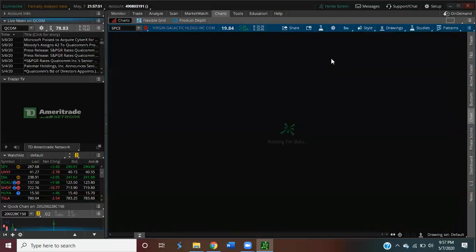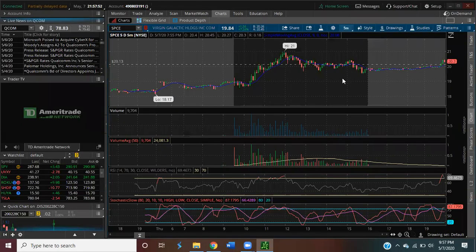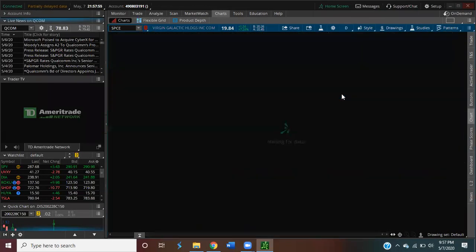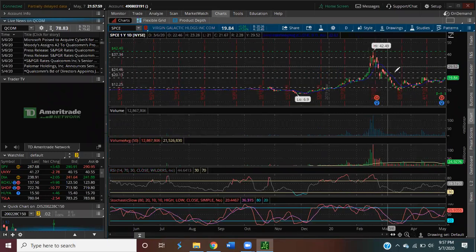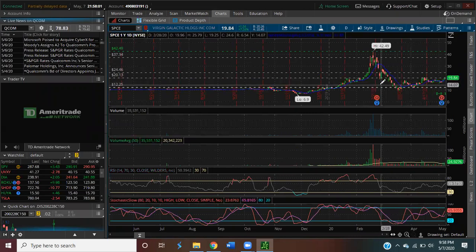So with those levels in mind, if I take a look at this 1-day 1-year chart, something I did notice with Space is that there is a triangle forming here. You can notice triangles by, first of all, patterns are going to usually occur after something goes down a lot, or not even goes down a lot.